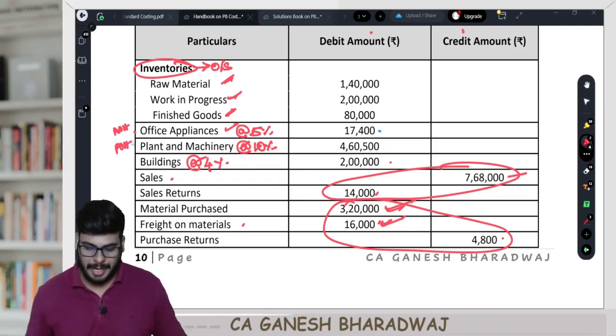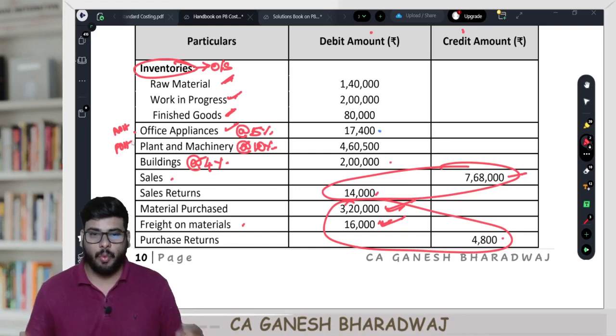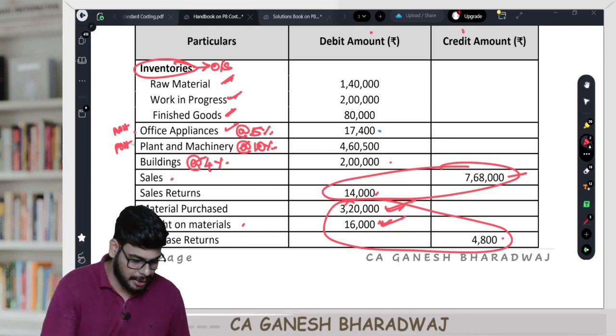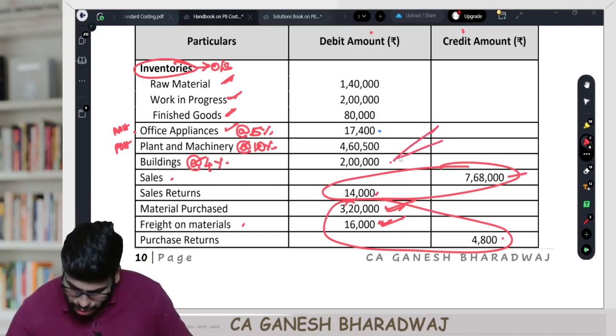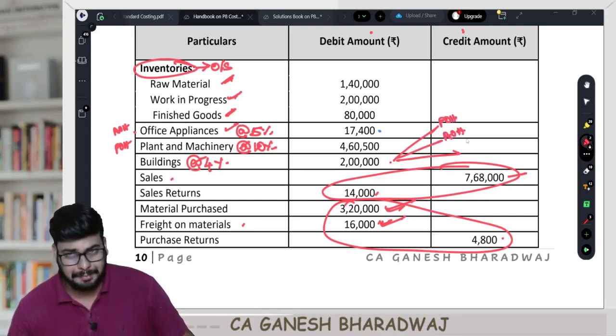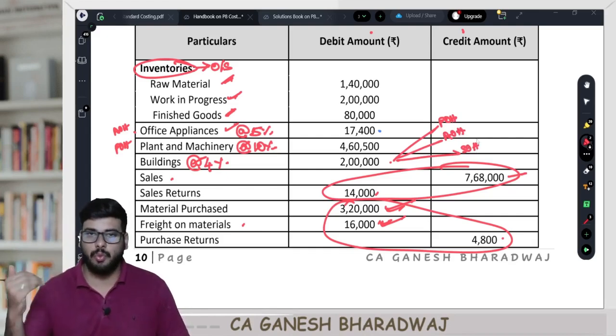Building is a common area. With respect to building, whatever is the depreciation, so 2 lakh into 0.04, this 8,000 rupees of depreciation, split it between factory, that is POH, corporate office AOH, and your sales depot SOH in the ratio of 8:1:1.